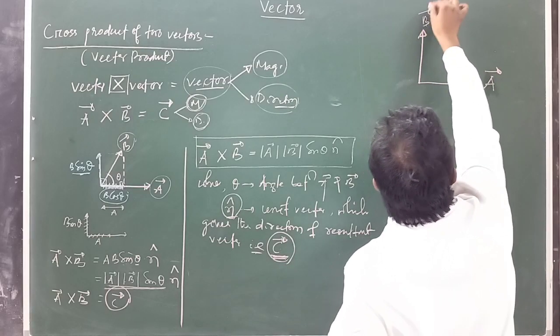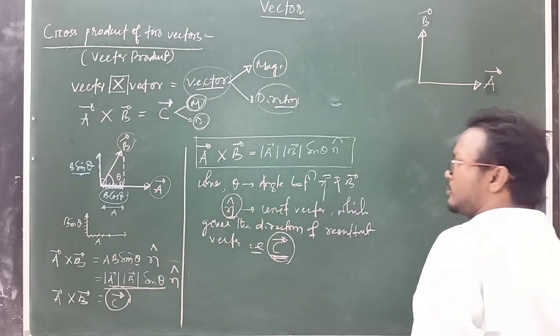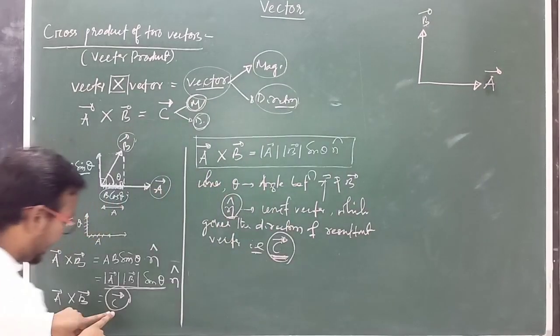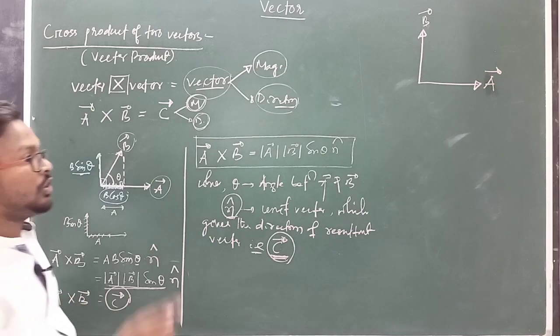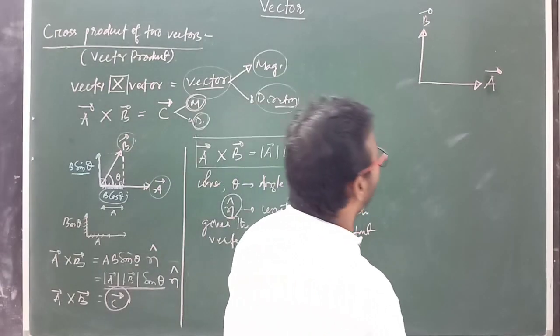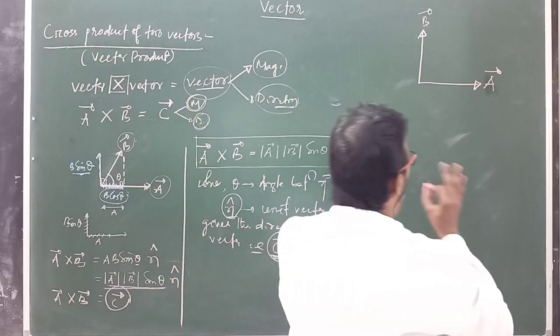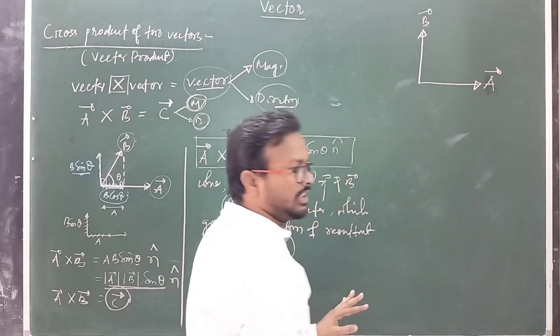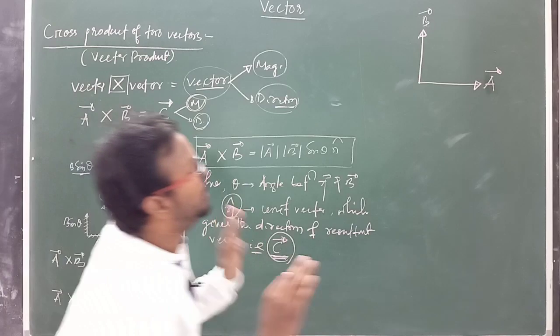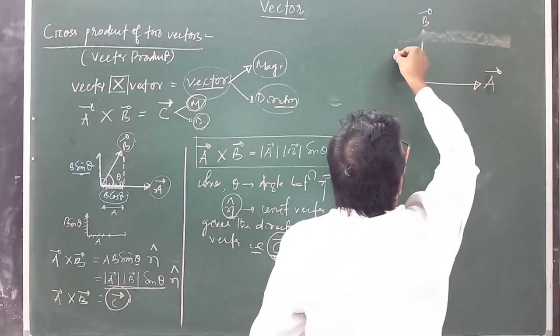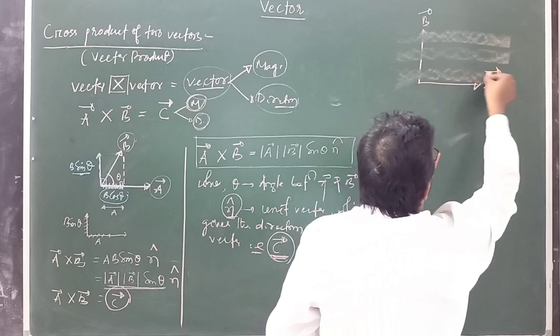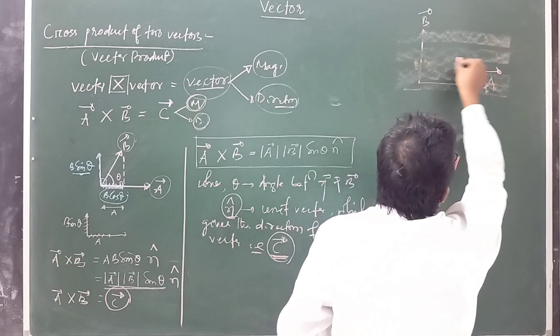In this case we have to find the resultant direction of C vector, meaning A vector cross B vector. According to the right hand palm rule, first you have to choose a plane where vectors A and B are present. Clear? This is one plane.